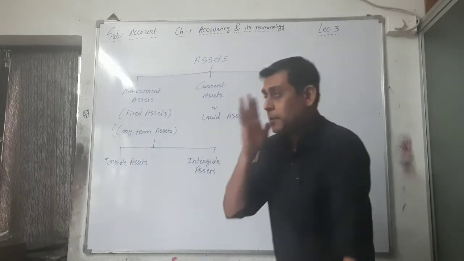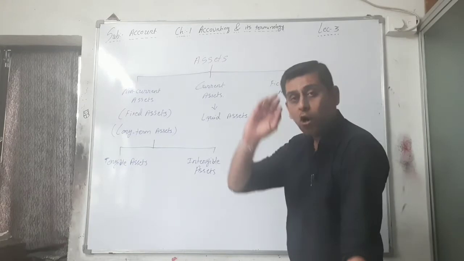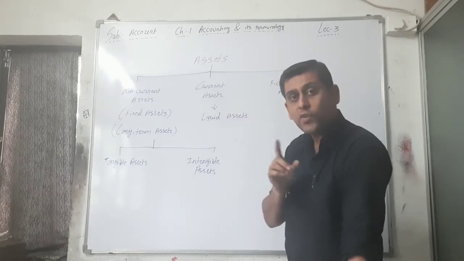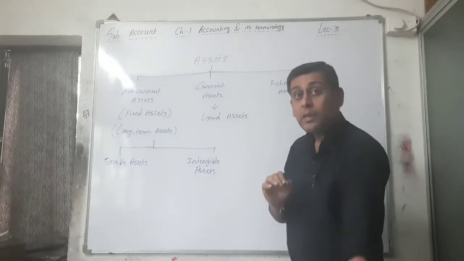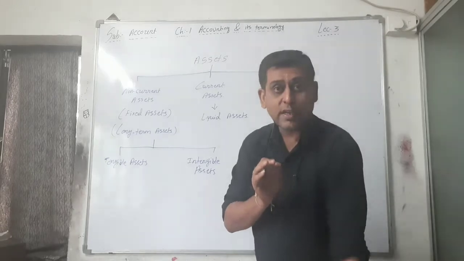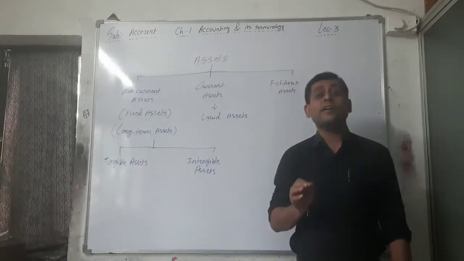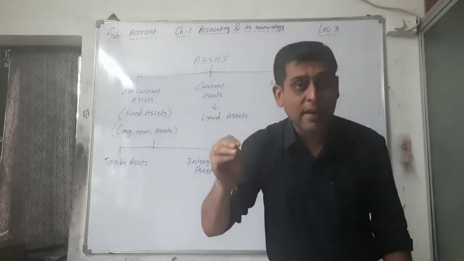What is the definition of current assets? All the assets which are converted into cash within a year are current assets. But liquid assets means whatever assets you can convert into cash immediately, within 1 to 5 or 10 days.